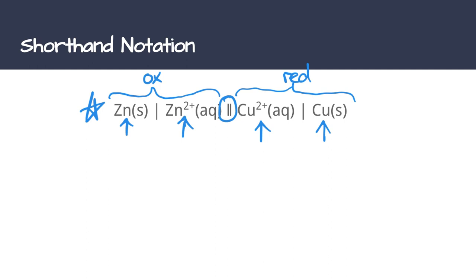The double line here shows a salt bridge. And then the single lines are just kind of denoting the difference between the electrode and the electrolyte solution. Okay, so if you ever want to write in shorthand or want to interpret the shorthand notation, this is how you would do that.